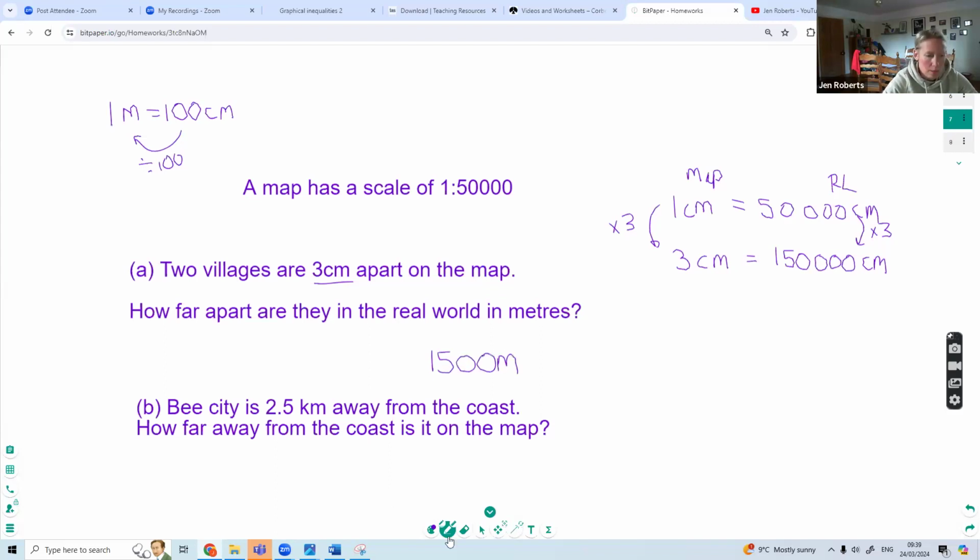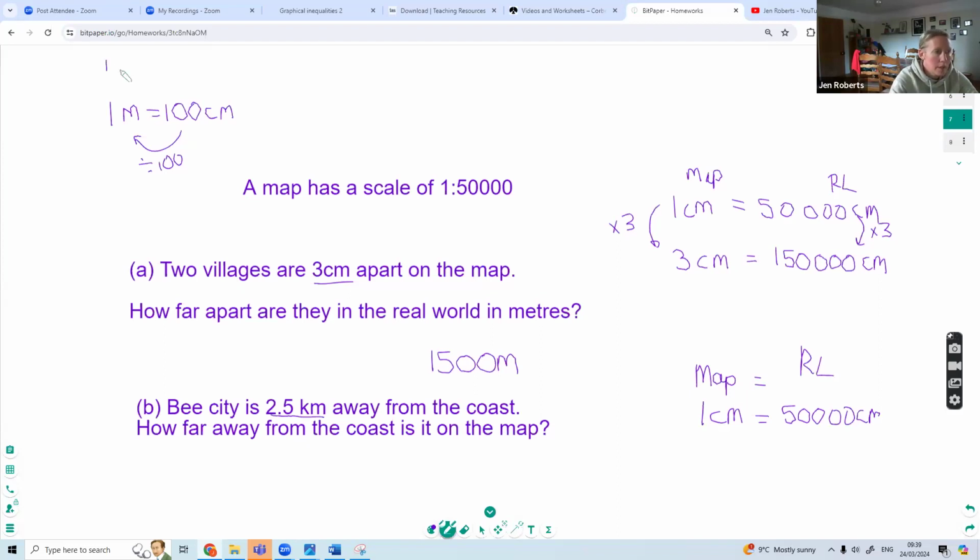We had a kilometres one here. B City is 2.5 kilometres away from the coast. How far away from the coast is it on the map? Again, let's write our conversion. Map, real life. 1 centimetre, 50,000 centimetres. This time we've got our distance in kilometres, so we need to get it into centimetres.